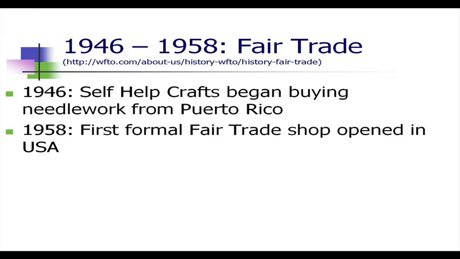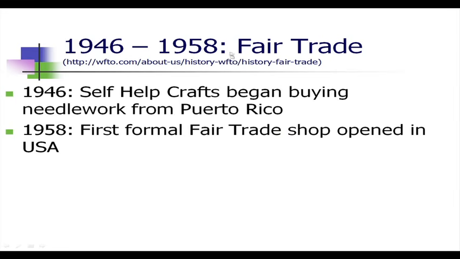So that continued, and more organizations joined, and 10,000 Villages was an organization that helped support these poor craftsmen in Puerto Rico. And so that is where this started, and the website that I've got this information from is a page on the World Fair Trade Organization's website. The link is mentioned here, you'll get it, and you can read how this whole practice started.